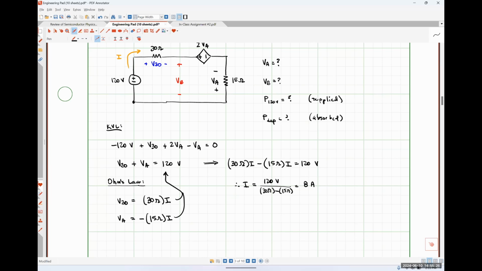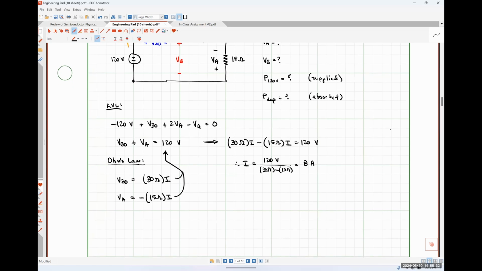Nobody's saying they see a problem with it, so let's move along. Okay. So now let's start answering some of the questions that we were posed. So if we want to find VA, that's literally just negative 15 ohms times I, which we found to be 8 amps.